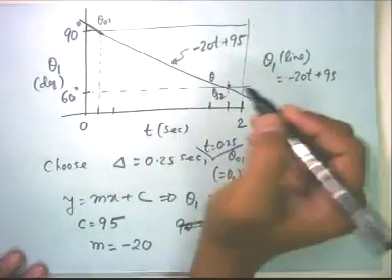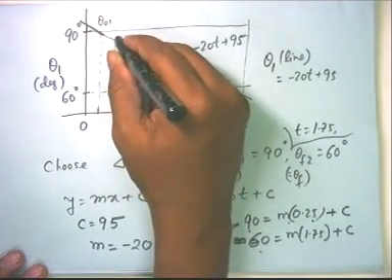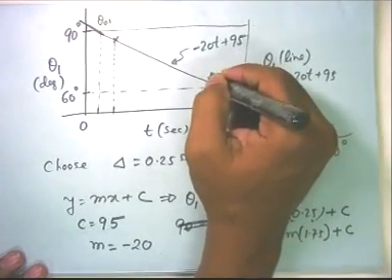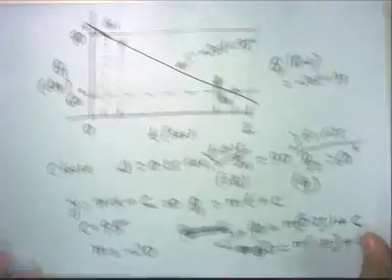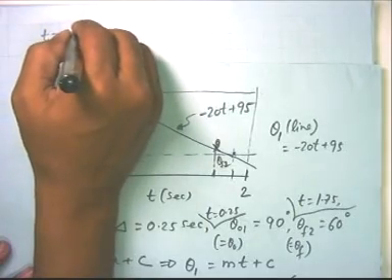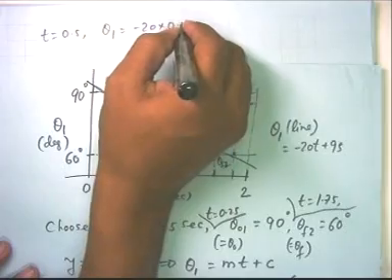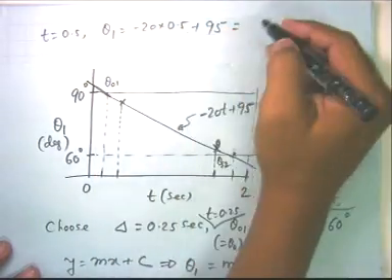So this equation is obtained. But now from there I need to calculate this value, and from here I need to calculate this value. So, now substituting t equal to 0.5, theta 1 will be minus 20 into 0.5 plus 95. So, this will become 85.